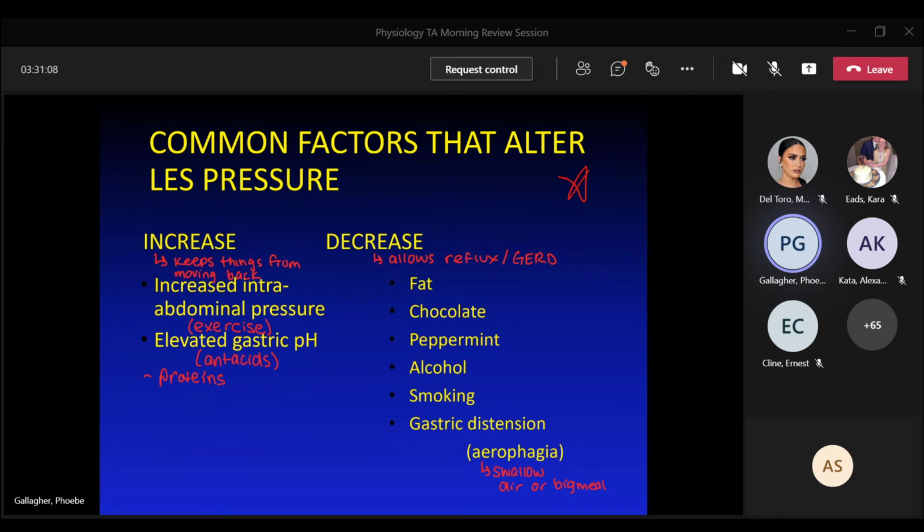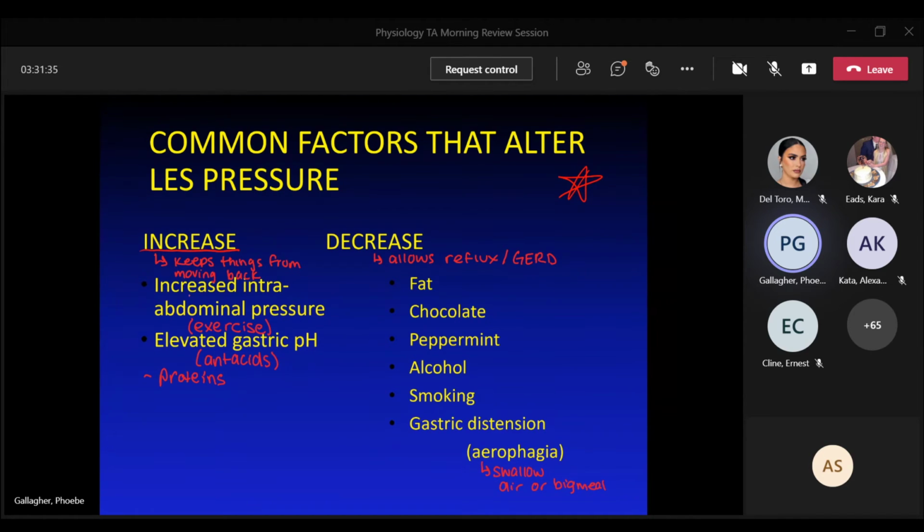Okay, another thing that's kind of important is the factors that alter lower esophageal pressure. So now we're talking about the lower esophageal sphincter. Things that increase it are going to be anything that will promote prevention of backflow. If you increase your lower esophageal pressure, it makes it less likely to cause acid reflux.